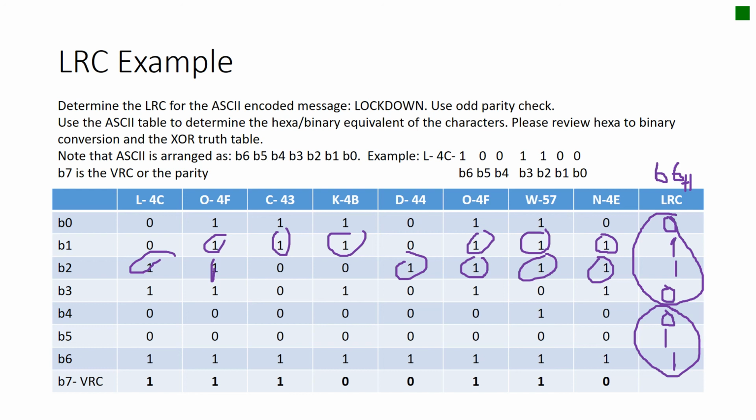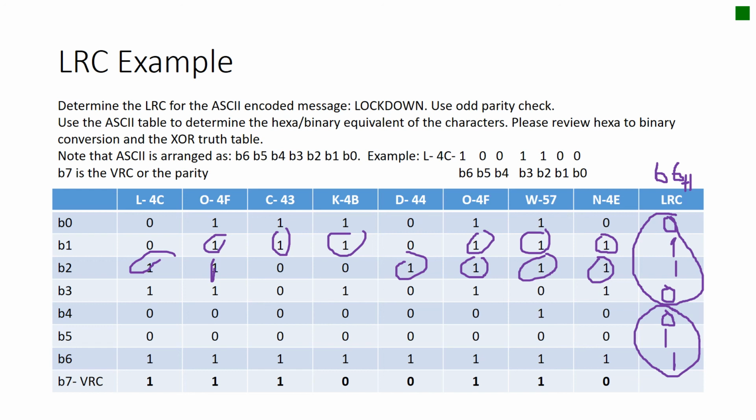But if you're going to use LRC, even if the message is consisting of 100 characters, the additional bits that you need is just 7 bits because LRC is consisting of 7 bits only and it is just equivalent to 1 ASCII character. Okay, so that alone will give you that LRC is better to use than VRC.